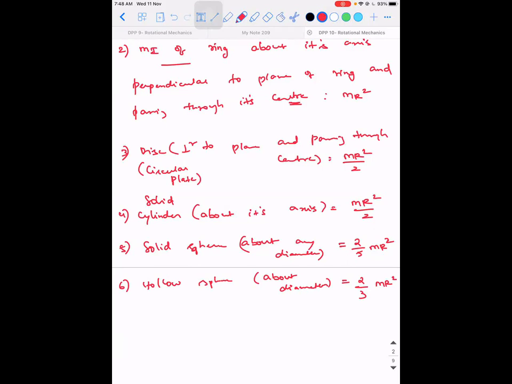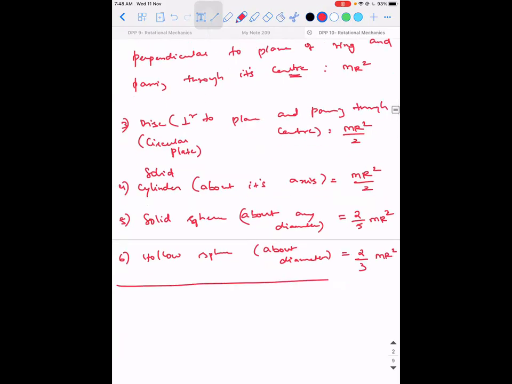Next is, so after all these things, we need to understand what is radius of gyration. I'm sure you would have heard this word also. So what do you mean by radius of gyration, guys? It is a distance from where? Distance between center of mass and axis.